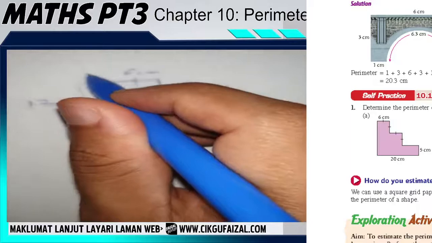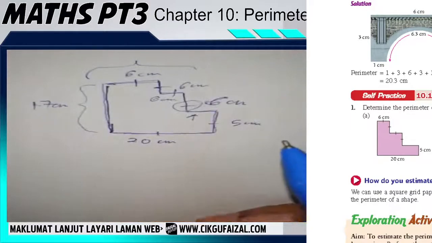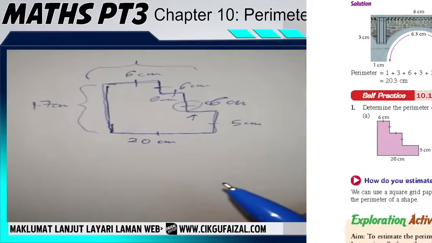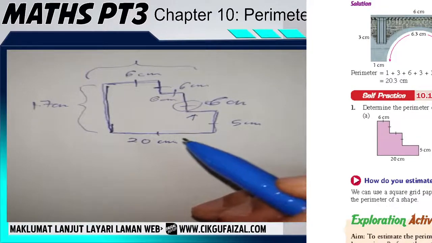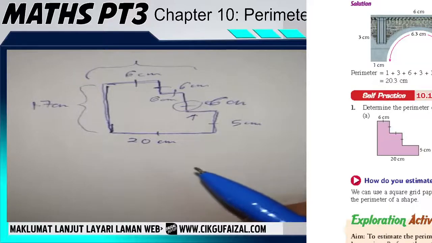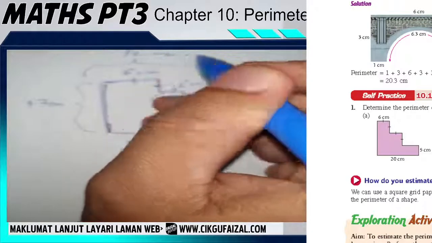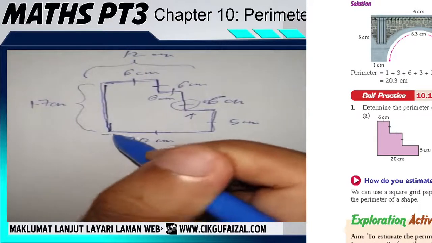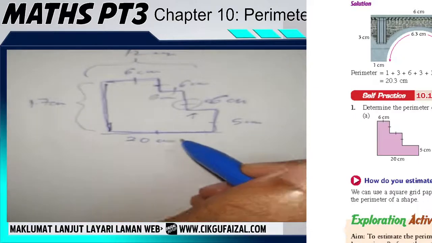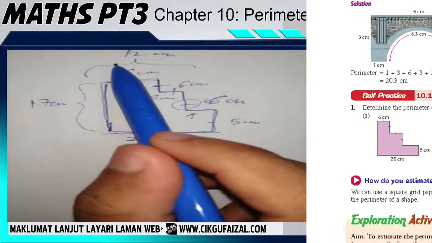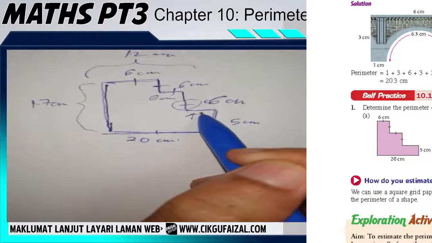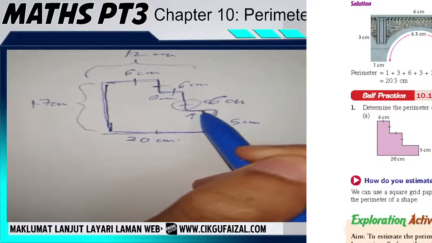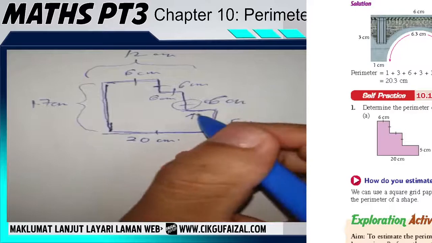We know that from here to here, the summation would be 12 cm, and we know the length for this is 20. So 20 minus 12, we get this unknown side, which is 8, right? So you write 8 cm.